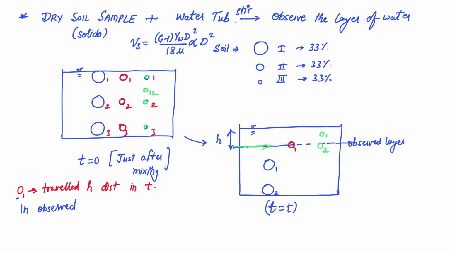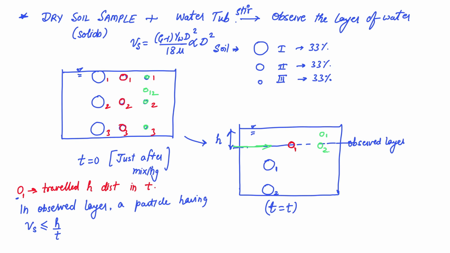Yes or no? So I can here say that in the observed layer, a particle having settling velocity of h by t will be present, or any particle whose settling velocity is less than h by t will be present, but there will be no particle having a settling velocity higher than this present in this layer.